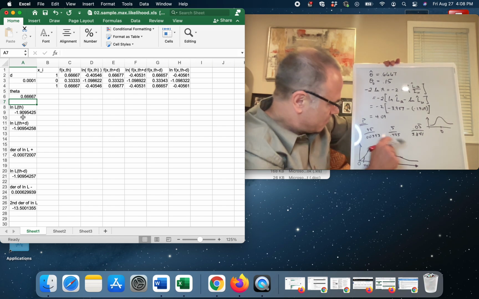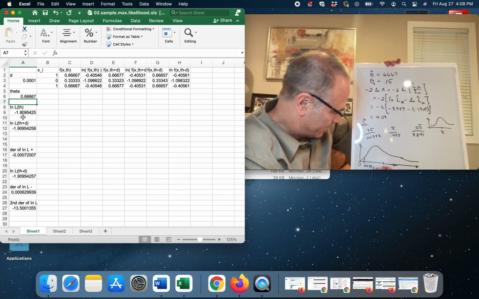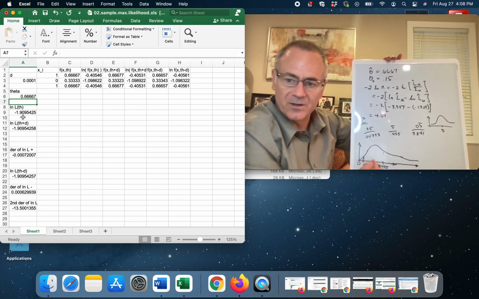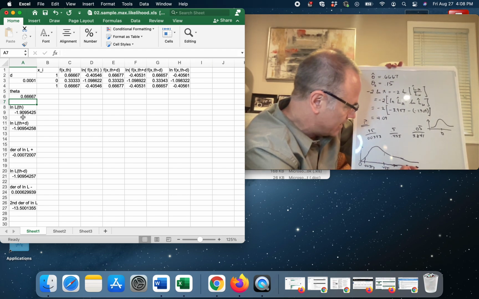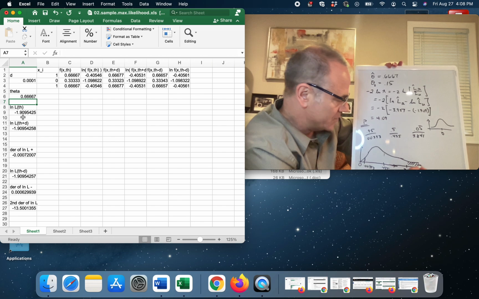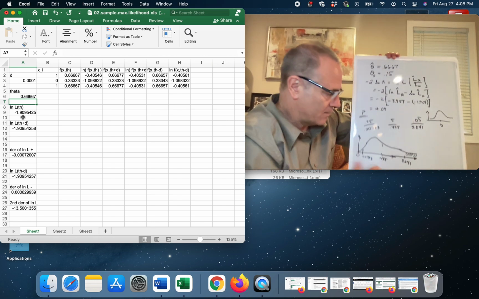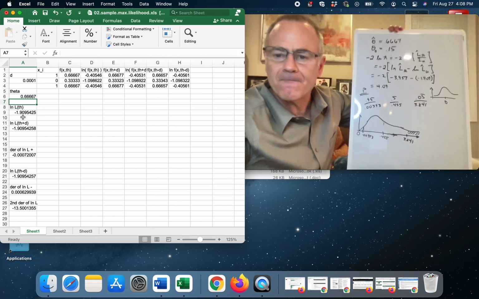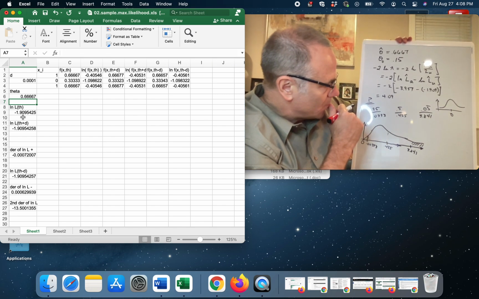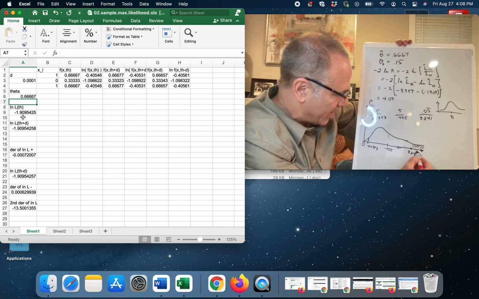For 0.455, that means 50% of the area is going to be to the right of that number. And for 3.841, that means 5% is going to be to the right of that number. And then our test statistic was 4.09.